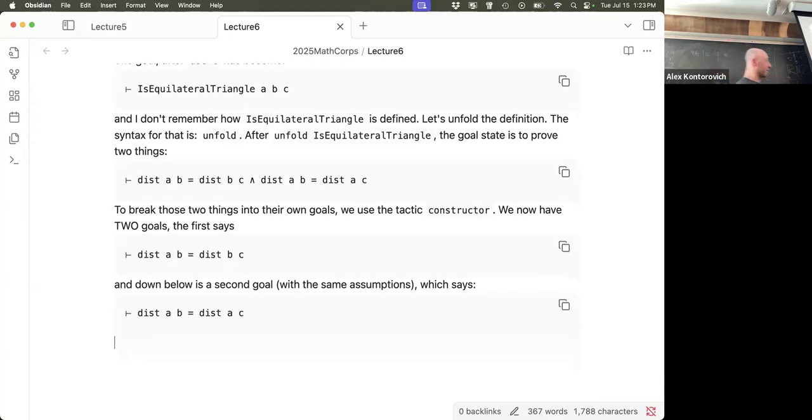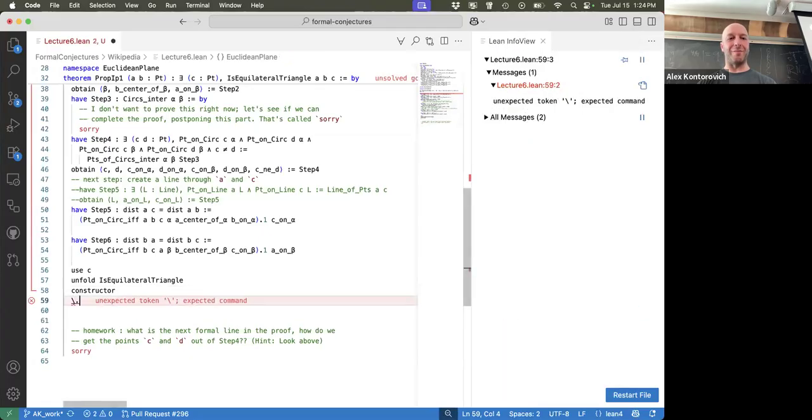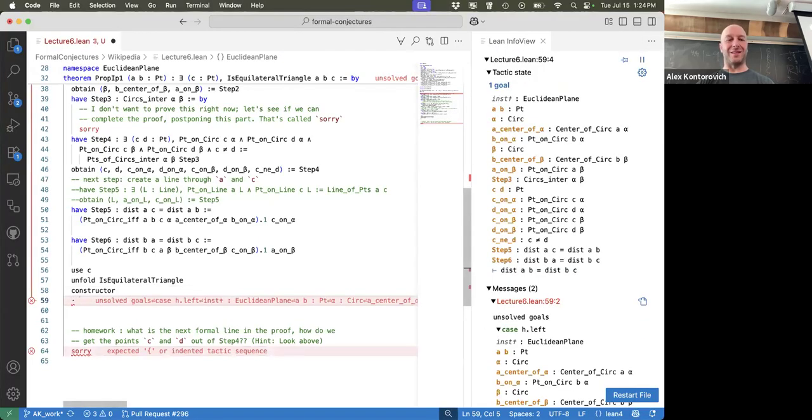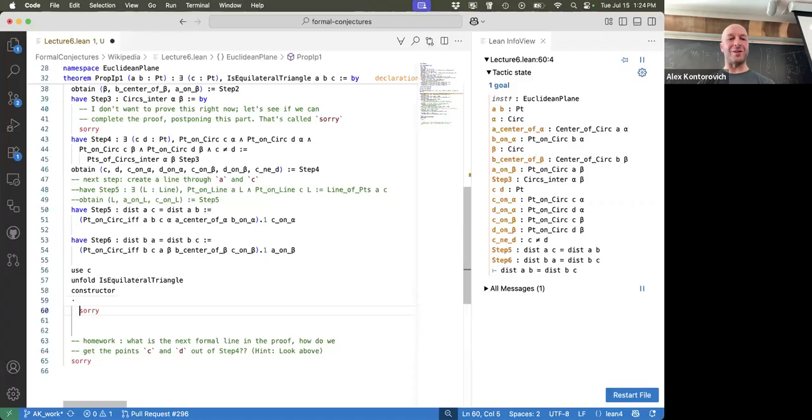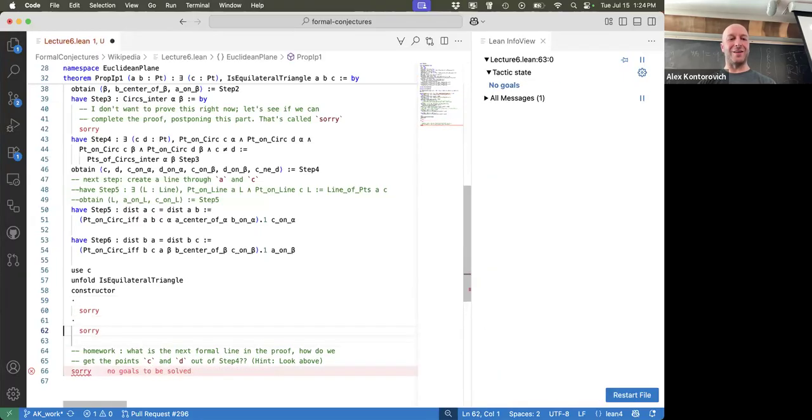If we want to work on just the first goal and not even see the second goal, we write the following, \dot. And I'll put sorry so that I don't get an error message. And then I'll put another \dot and sorry.